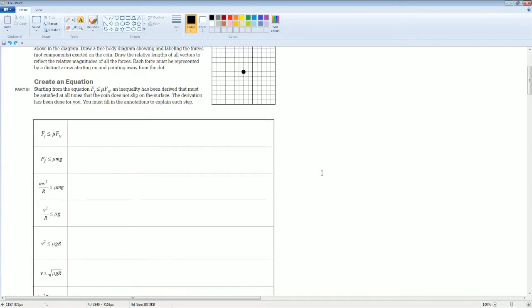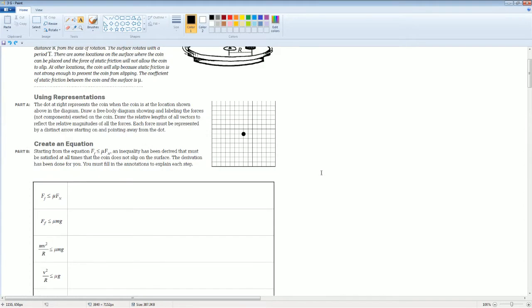Okay? Alright, so part A. The dot on the right represents the coin at the location shown above. Draw a free body diagram labeling all the forces exerted on the coin. Make sure you do the relative lengths. If you need help on this, check the notes from the section above this, where I did the car and the track.